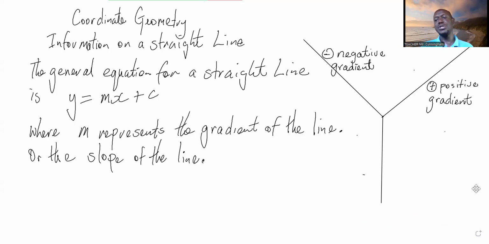So we said the general equation of a straight line is y equals mx plus c, where m is the gradient. Now, what is c? This is the easy part for this class.